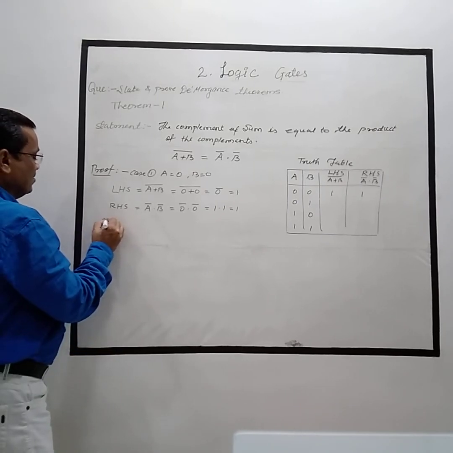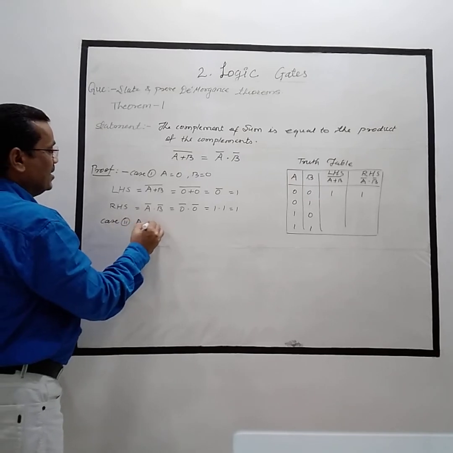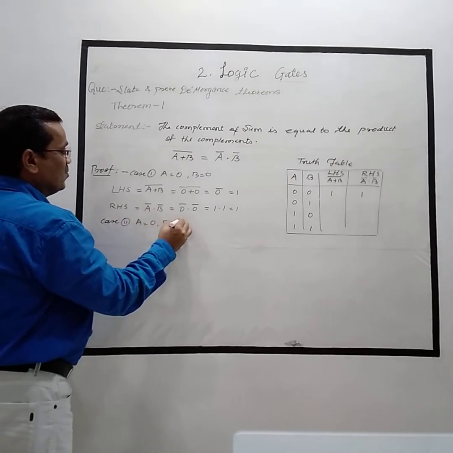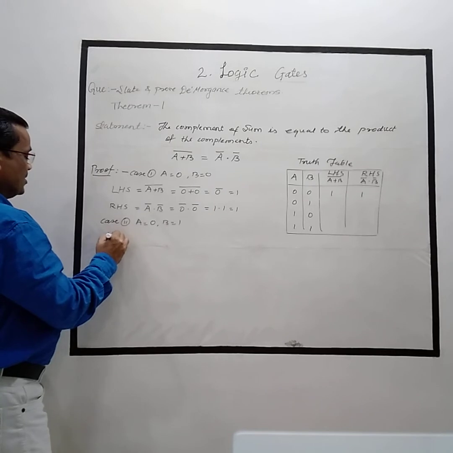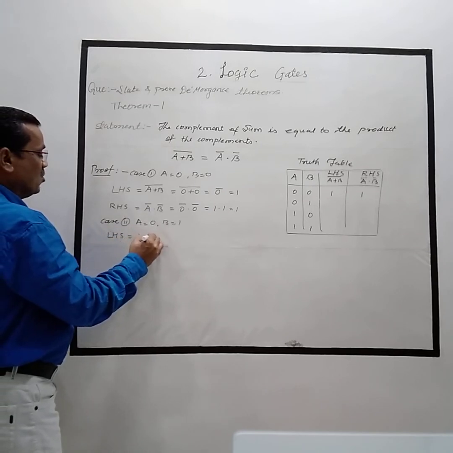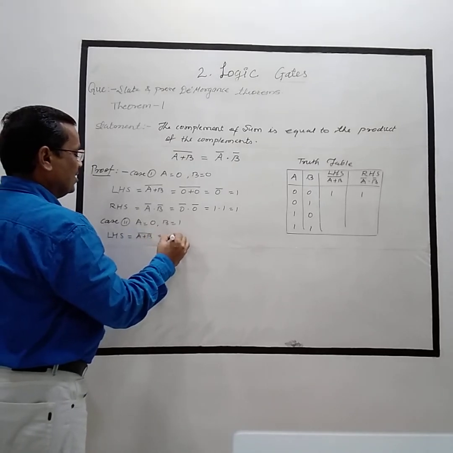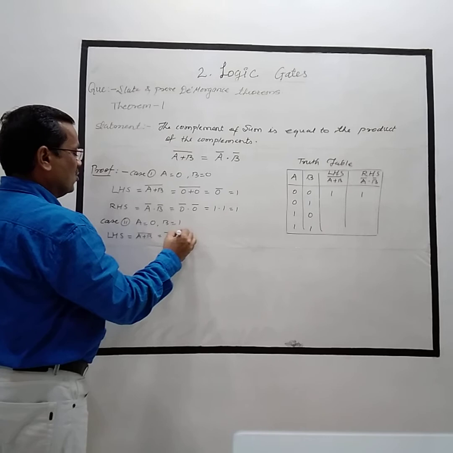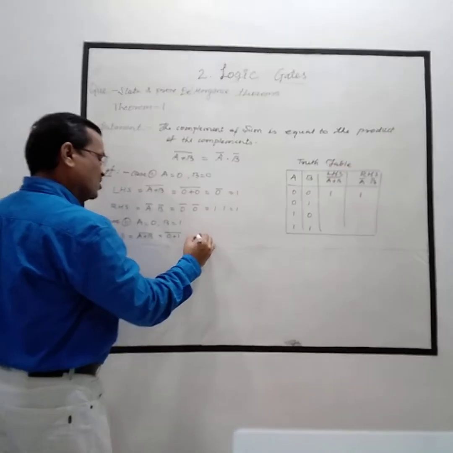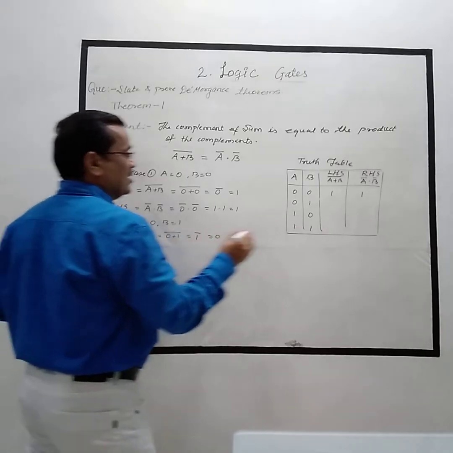Second, case number 2, A is equal to 0, B is equal to 1. For LHS, A plus B whole complement, substitute the values of A and B: 0 plus 1 whole complement. 0 plus 1 is 1, 1's complement is 0. So LHS is 0.